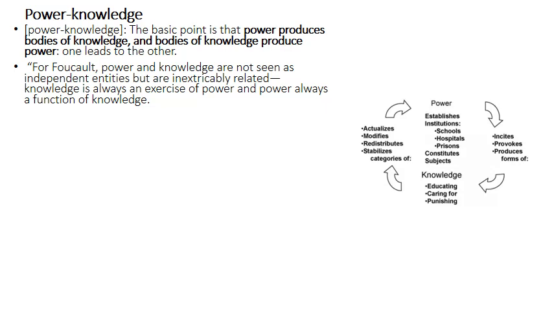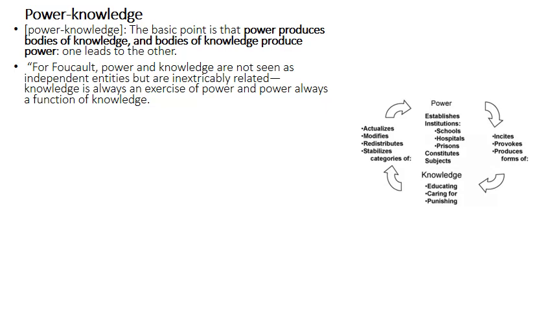So power is dependent on, okay, so P is F of K. So power is conditioned by, is dependent on, is a function of knowledge. Okay, let's look at this little diagram to the right. I'm moving my mouse pointer over it. So power will establish institutions such as schools, hospitals, prisons.